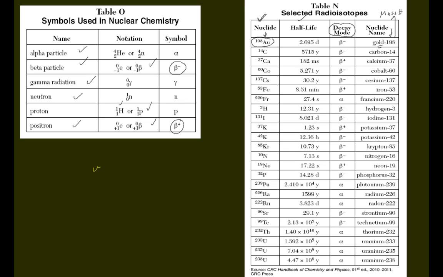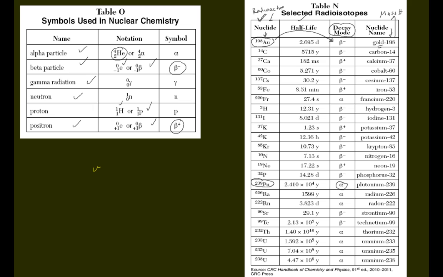For example, if you had a gold 198 nucleus, that nucleus would be radioactive. If you had a gold 198 atom, that would give off a beta particle, and the beta particle is this particle here. If you had a plutonium 239 atom, that would give off an alpha particle. An alpha particle is this guy. So it really doesn't involve memorizing anything. It's just understanding what the particles are.